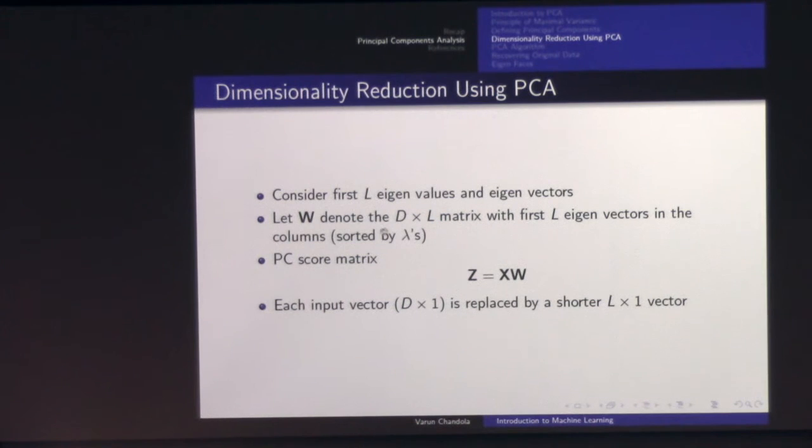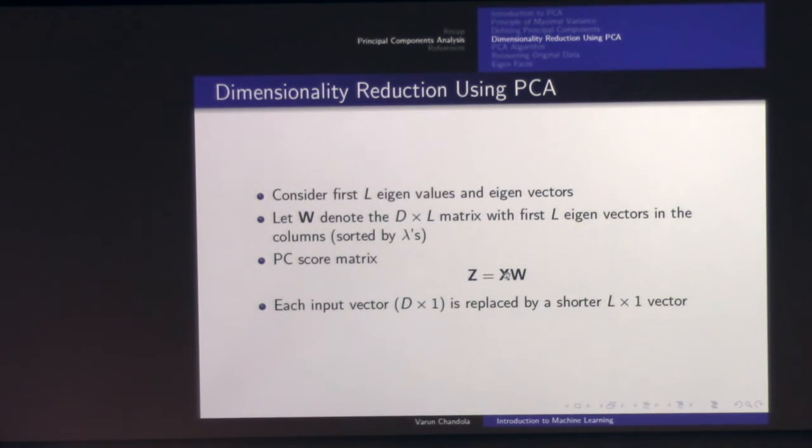Now W is a D by L matrix. So in W, there are L columns. Each column is an eigenvector, all right? So think of W as a collection of all the directions. Then if you do X times W, you will get this Z, which maps the data that was originally in D dimensions.